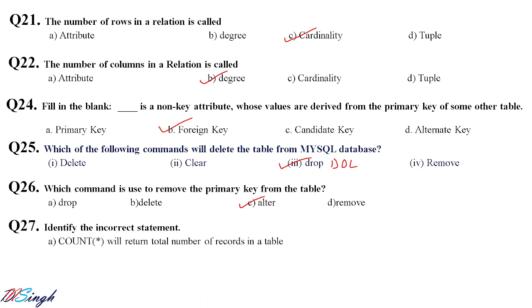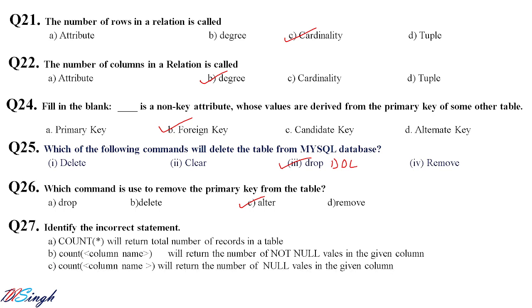Identify the incorrect statement. Count star will return the total number of records in a table. Okay, fine, correct. Count of column name will return the number of not null values. Yes, because count of column name will ignore the null values present in the column. Next, count will return the number of null values in a given column. This is incorrect.